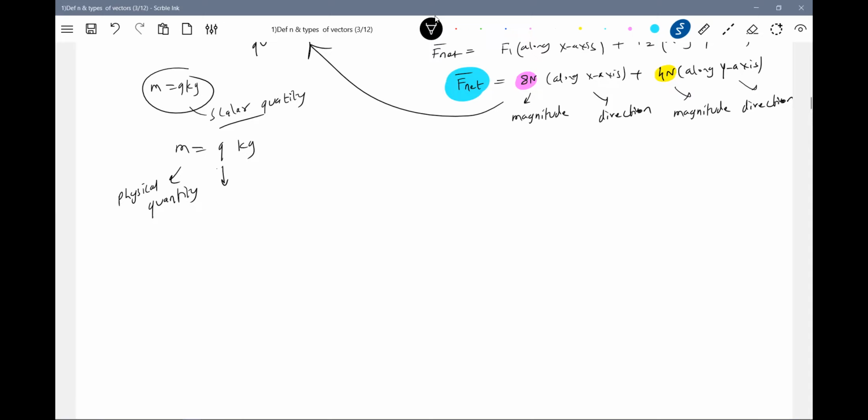Let me put 8. The number 8 is the magnitude, and this is the unit. So there's no problem with expressing a scalar. How to express a vector, we'll call it the representation of vectors.